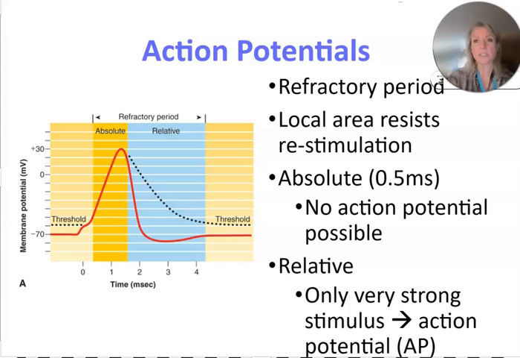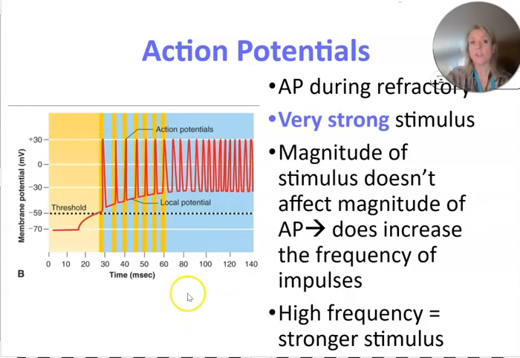In the relative refractory period, when we have repolarization and hyperpolarization, you could get another action potential, but the stimulus would have to be very, very strong. And what I mean by a very strong stimulus is that you would have to have stimuli reaching that neuron at a very high frequency. Remember, it's got to be at negative 55 in order to open the channels.